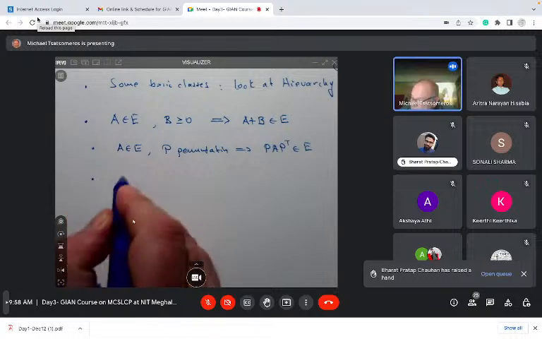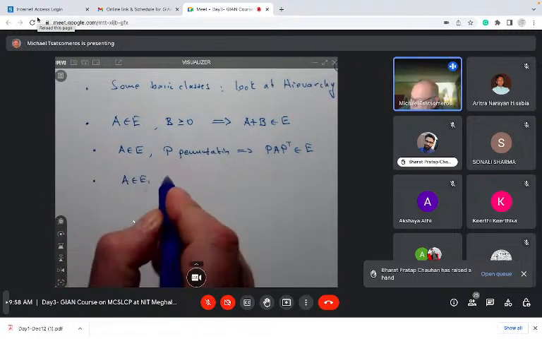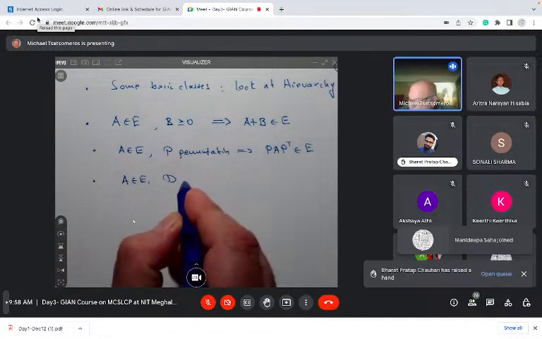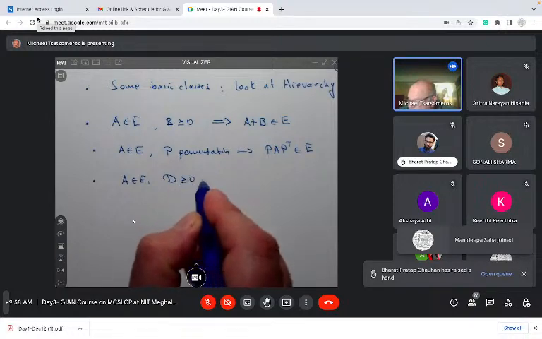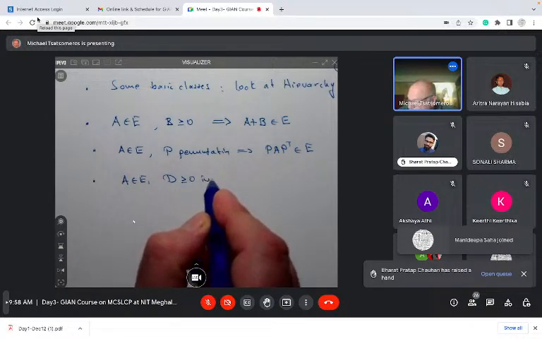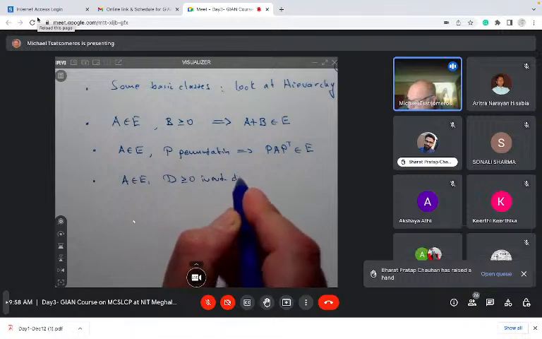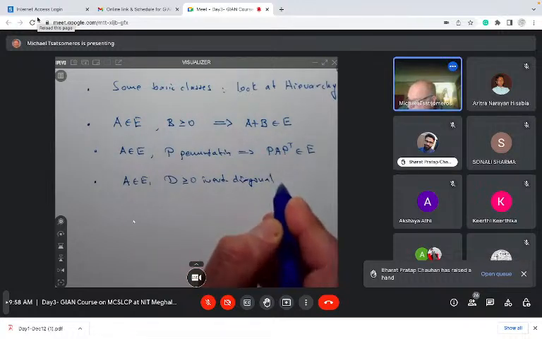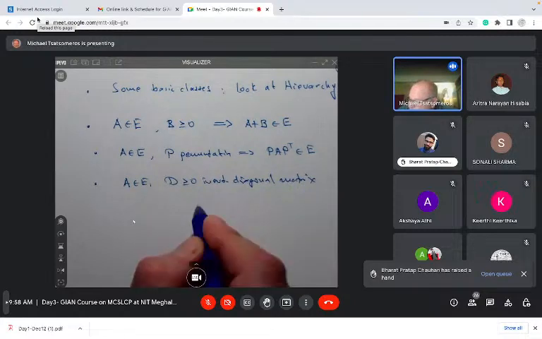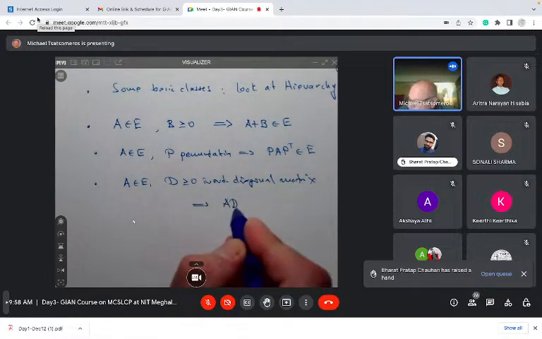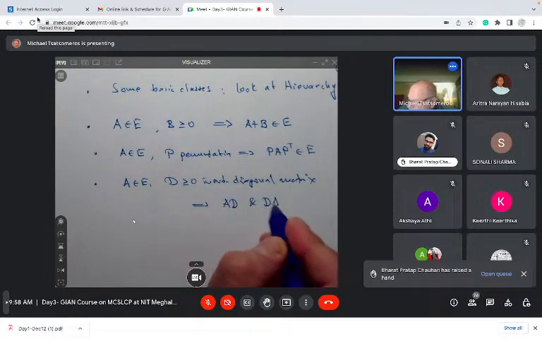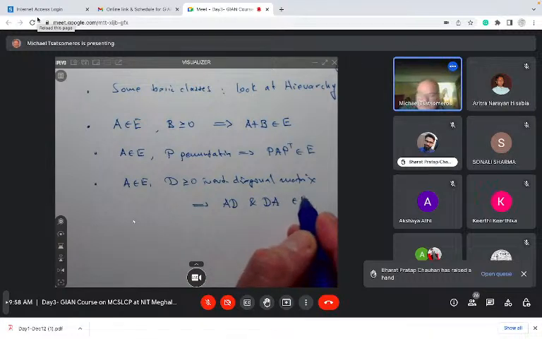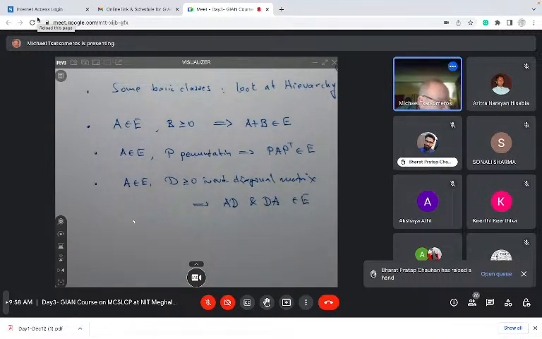So if A is in E and D is an invertible diagonal matrix, that implies that A times D and D times A are also in E. So you can scale either the rows or the columns by positive numbers and it remains strictly semi-monotone.